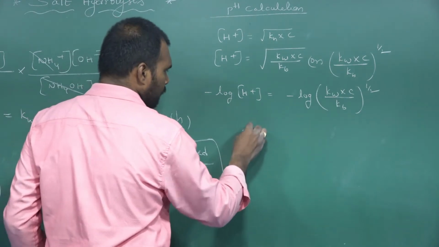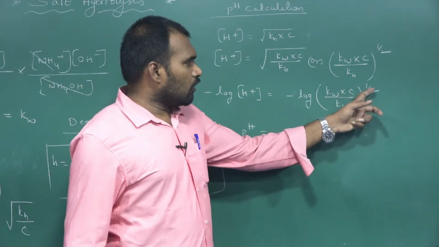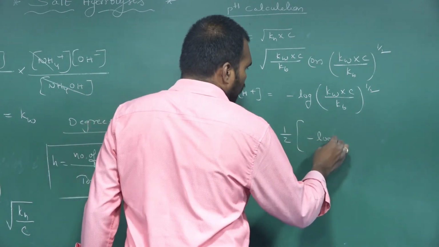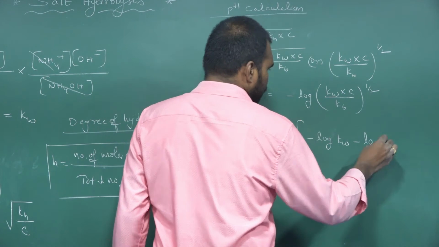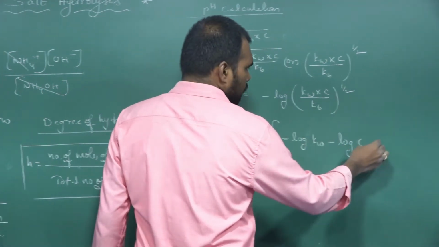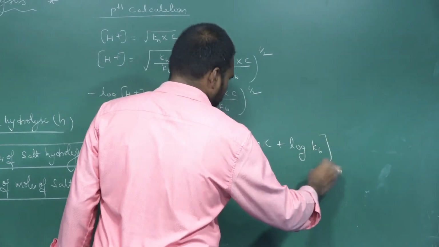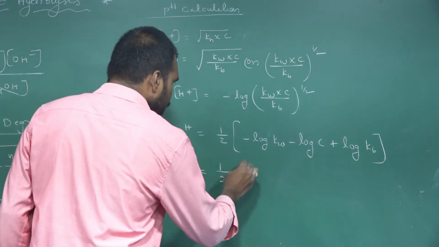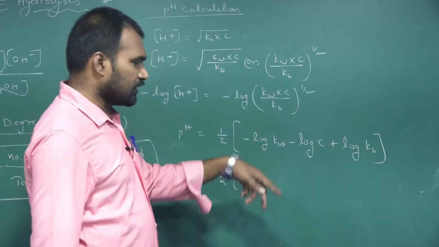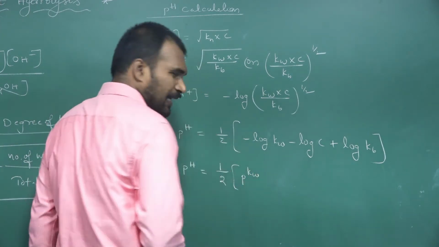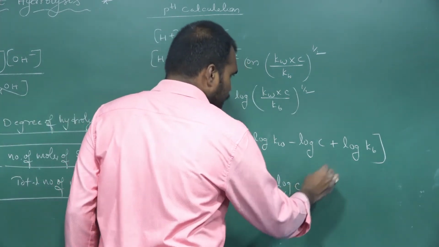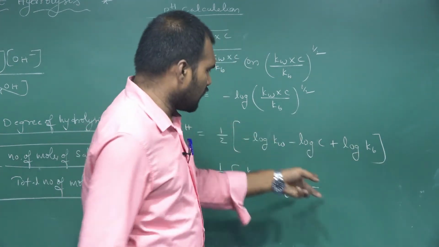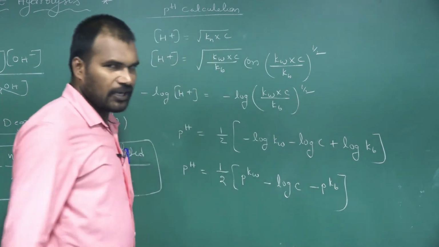So in the place of this, I am writing pH is equal to, now minus log A power m, m log A will come, so half will come previously: half into minus log of Kw, minus log of C, plus log of Kb will come. pH is equal to half into minus log of Kw, it's nothing but pKw, minus log C, minus of minus log Kb, which is nothing but pKb, so that is why I am writing minus pKb will come.